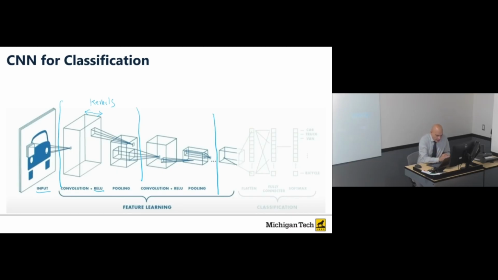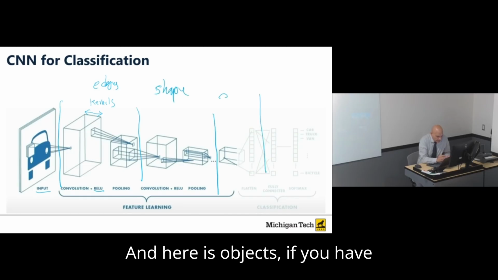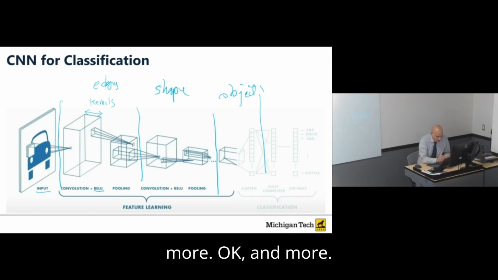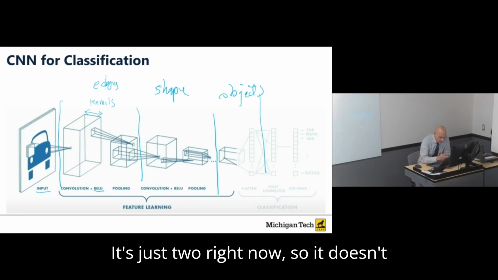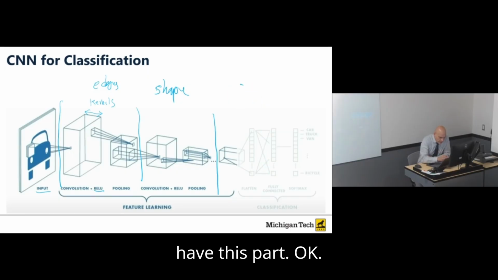For example, here are edges, here are shapes, and here are objects if you have more. However, it's just 2 layers right now, so it doesn't have this part.